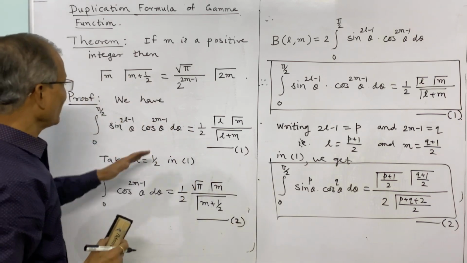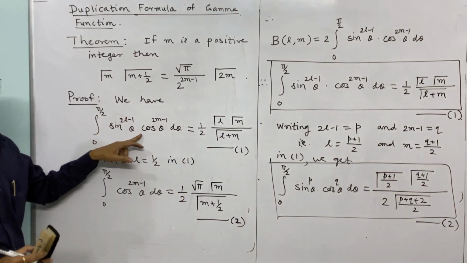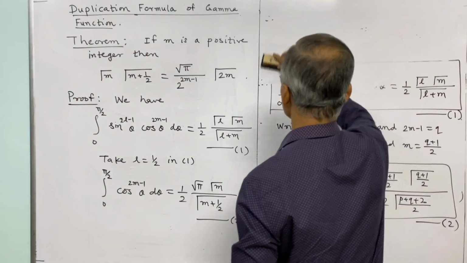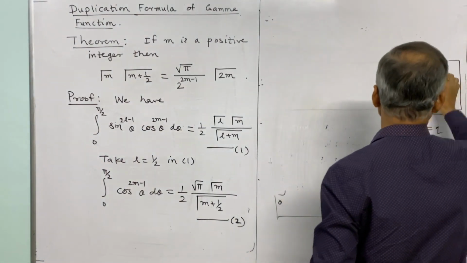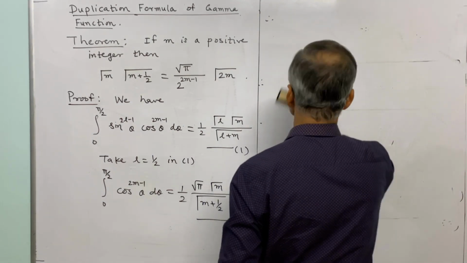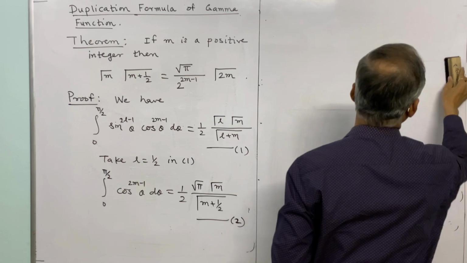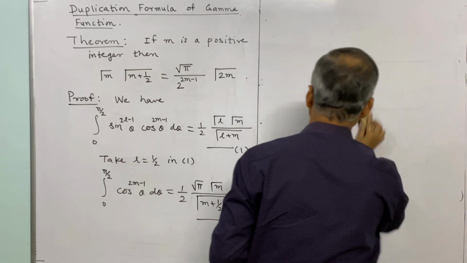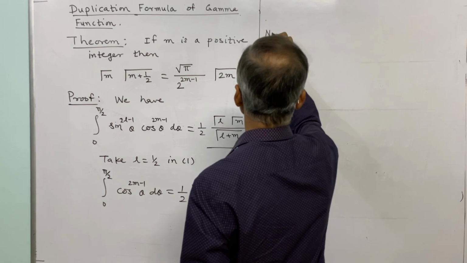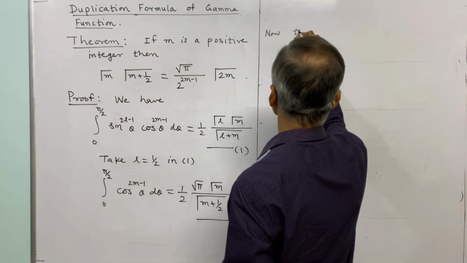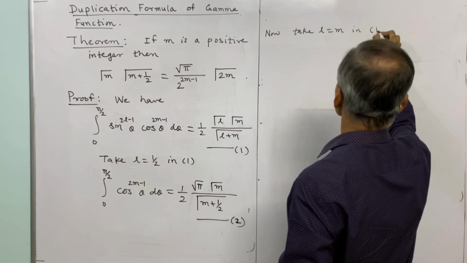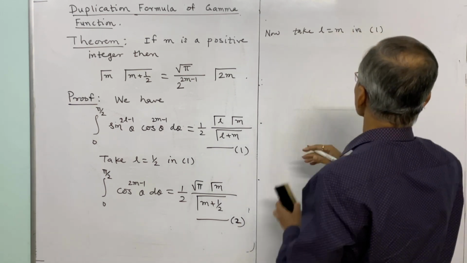Now again in 1 we shall put l is equal to m now. In 1 take l is equal to m in the first equation.